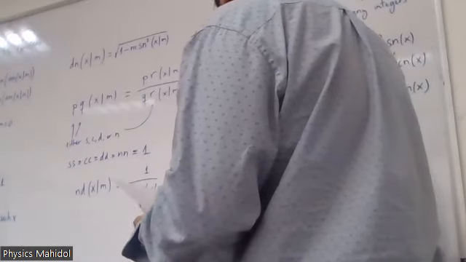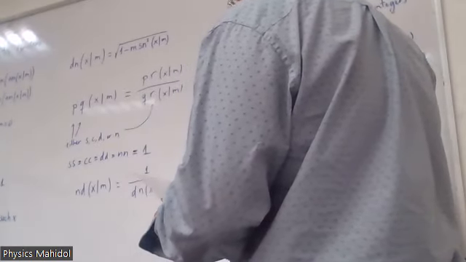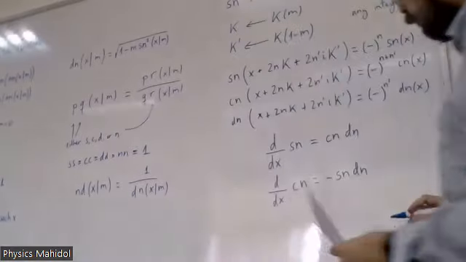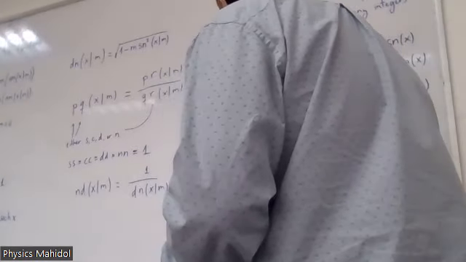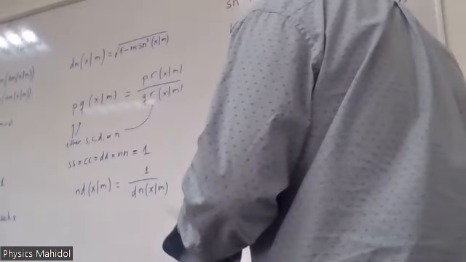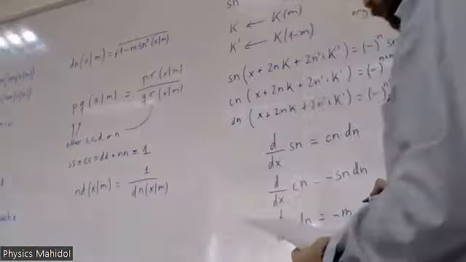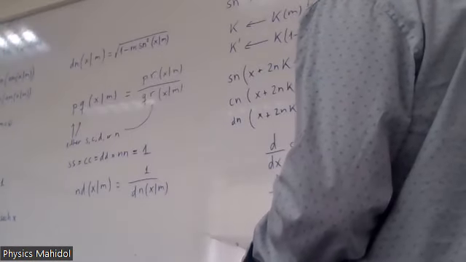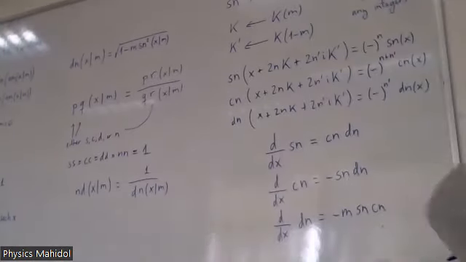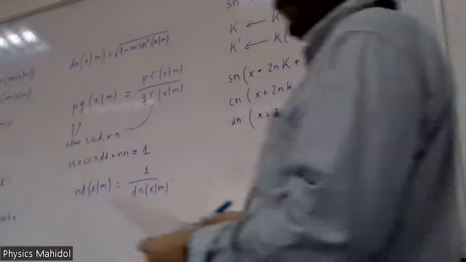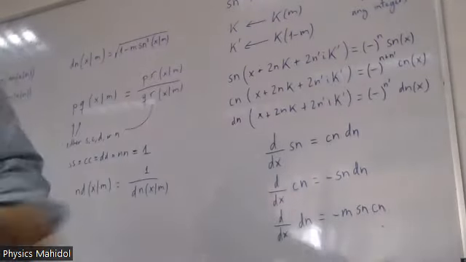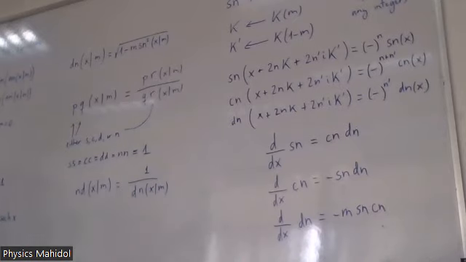The derivative of the cn is minus the sn multiplied by the dn. And the derivative of the dn is just minus m multiplied by the sn multiplied by the cn. Hopefully you can see it on the whiteboard and you can look through it.